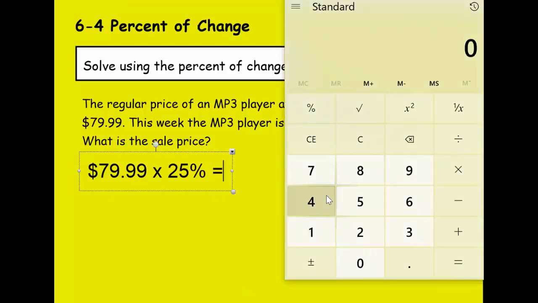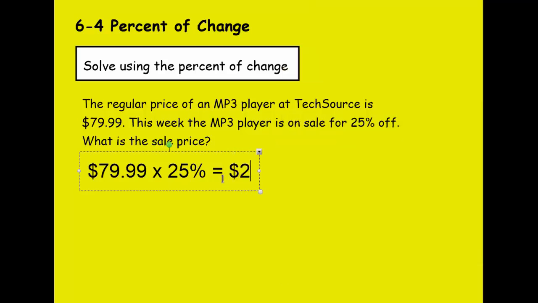So on our calculator, we have $79.99 times, and I'm going to type in 0.25 since that's the same thing as 25%. And we get an answer of 19.997. If we're rounding to the nearest penny, which is this spot, we're actually going to be rounding that up, which actually turns this into $20.